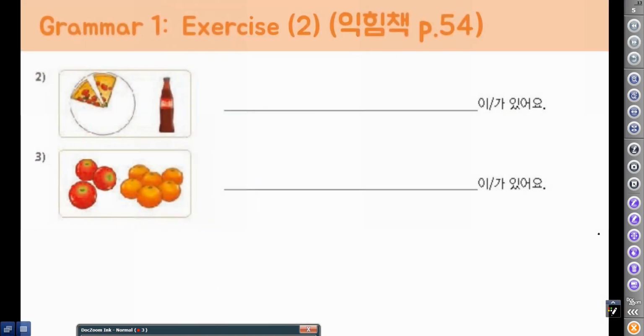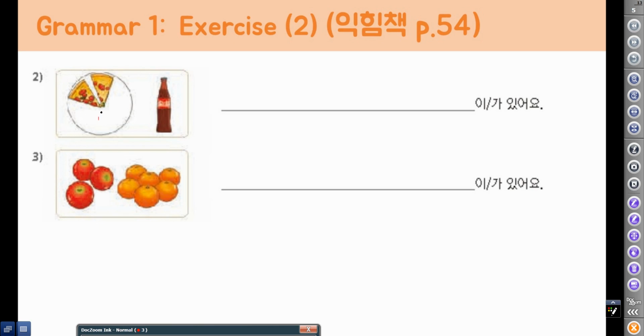Next one. What's this? This is pizza. And what's this? Coke, cola. So how many bottles? 1. How many pieces? 2. And what's the counter for the bottles? 병. And pieces, 조각. So noun first, and native Korean number, and counter, and 하고.